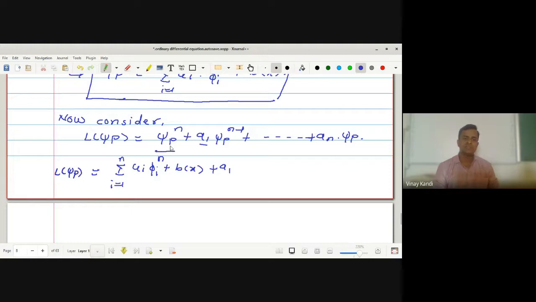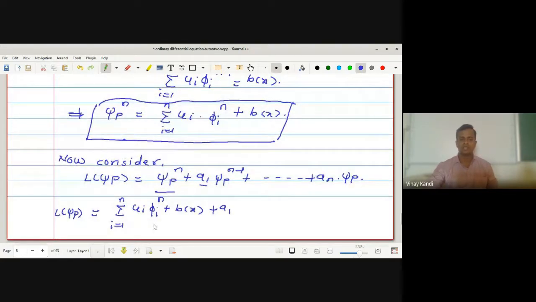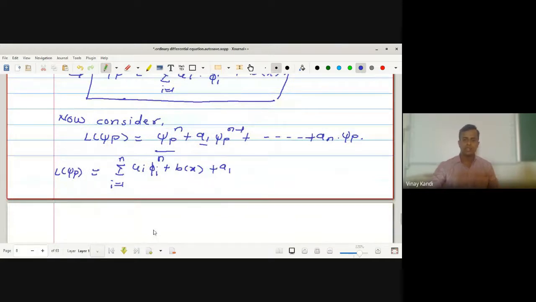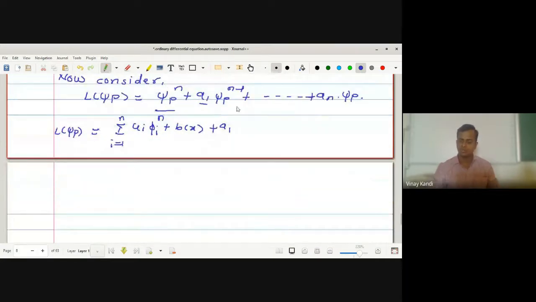We have put the value of ψp raised to n here. Okay, putting this value of ψp raised to n here. And a1, what is the value of ψp raised to n minus 1? Summation i running from 1 to n ui into φi raised to n minus 1. Any doubt?